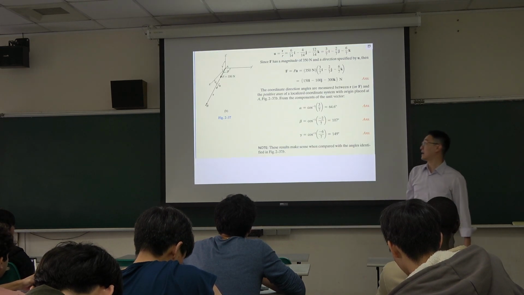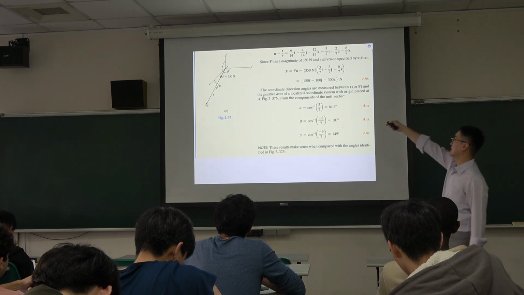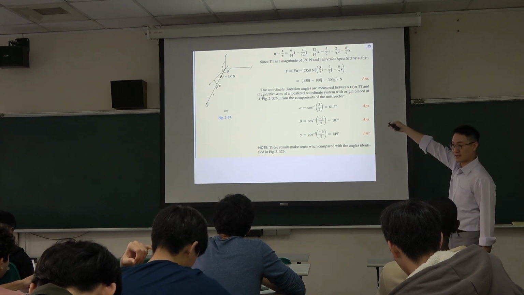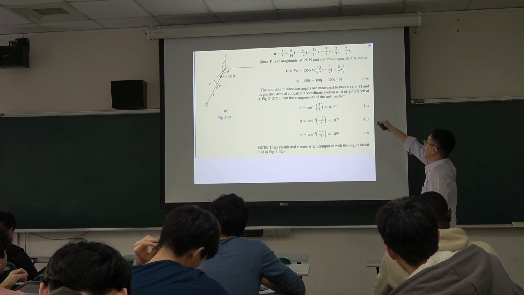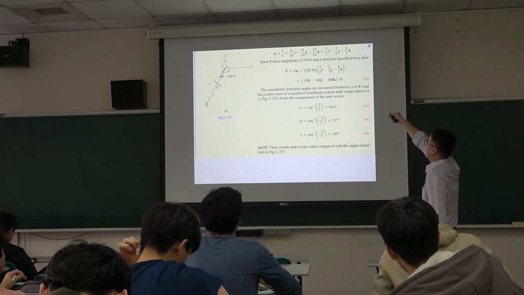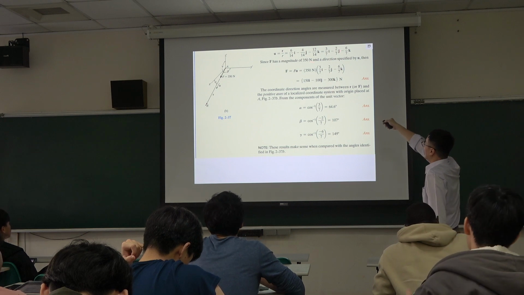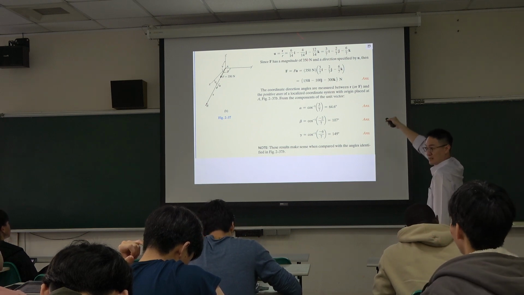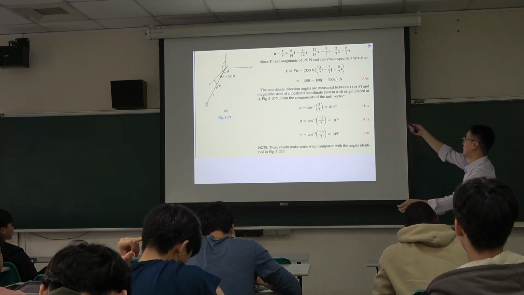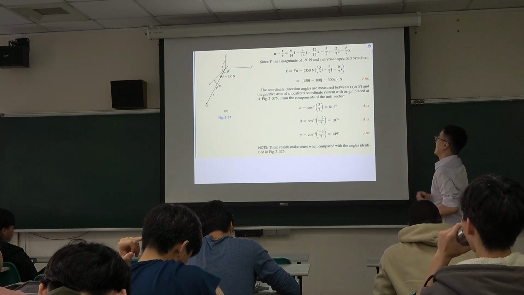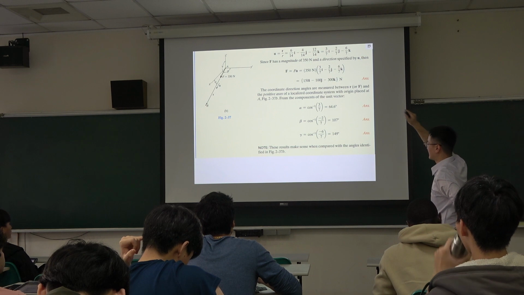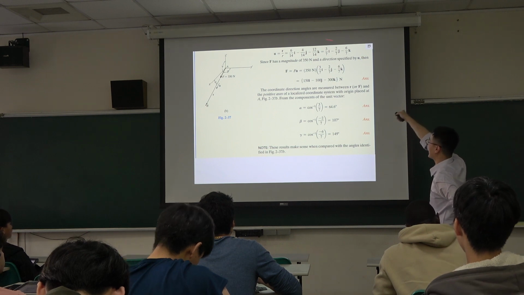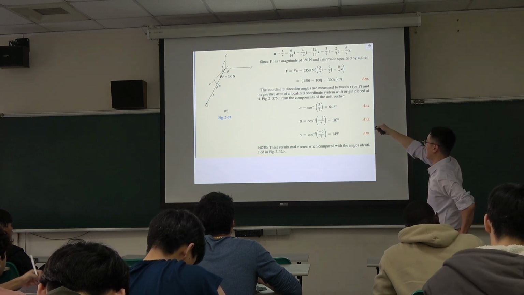So we can work out the unit vector. So vector divided by its magnitude. Okay, so the unit vector can be worked out based on this formula. Okay, so we work out the unit vector. Okay, so the unit vector is here.